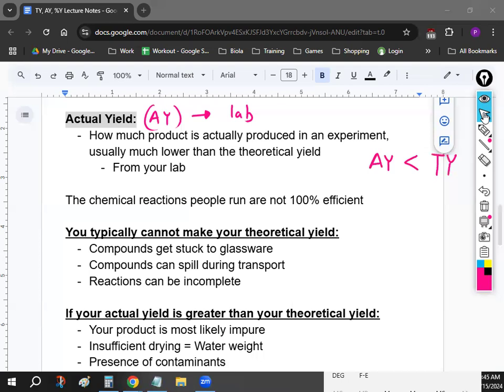So when you do your assignments today, this is a good way to check if you got the correct answer for your stoichiometry. If your actual yield is bigger than your theoretical, something's wrong. So you'd have to recalculate.